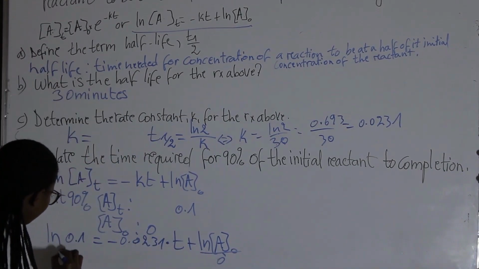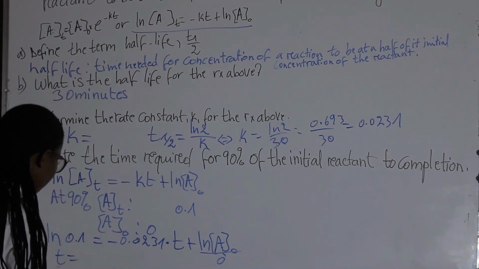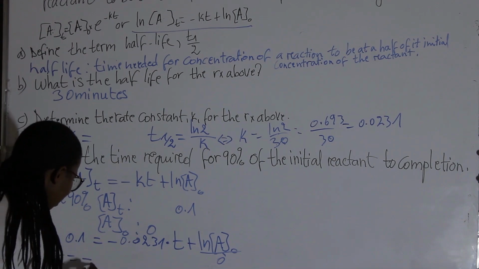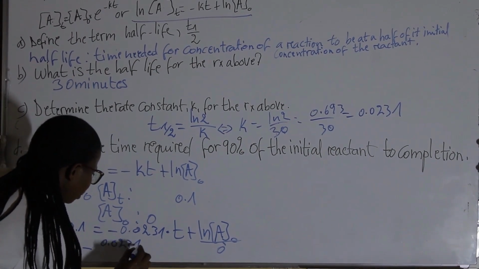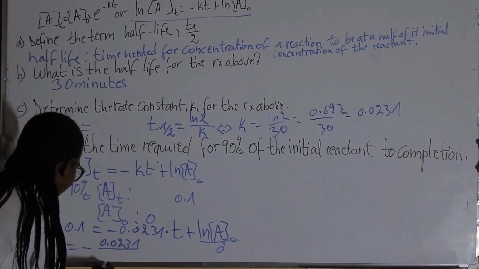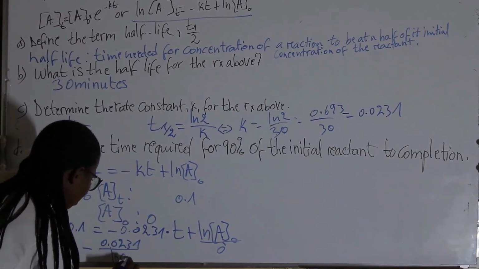Then we remain with t, which will be equal to ln of 0.1 over minus 0.0231.